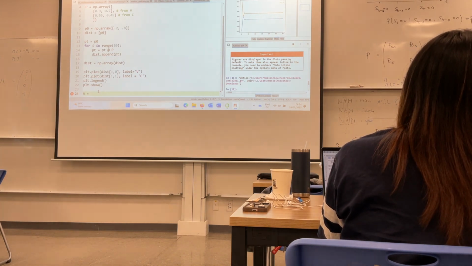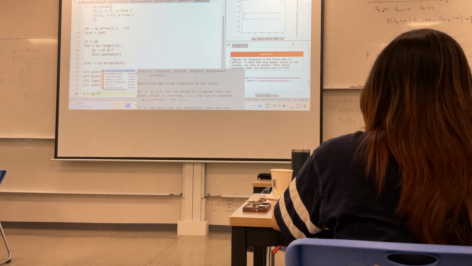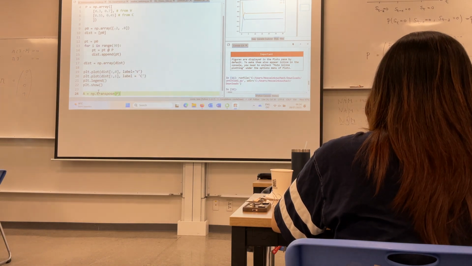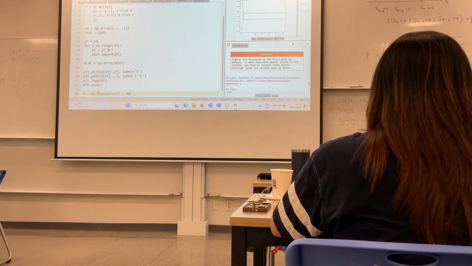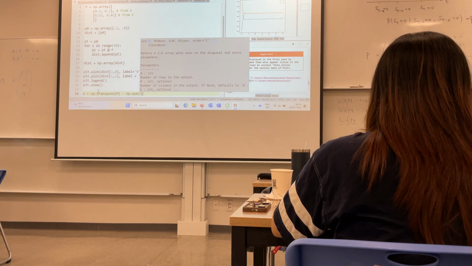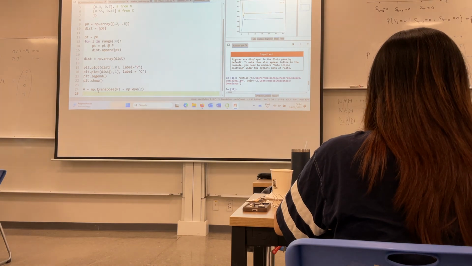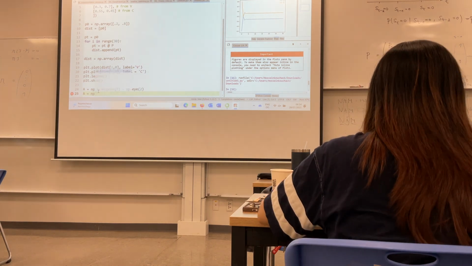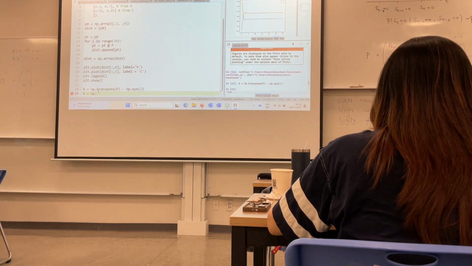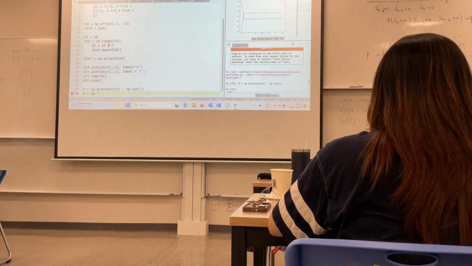So here I'm going to have np.transpose of p minus np.identity of, well, what is the dimension? 2. That is what we have. And then that's A. So now I need to add these ones below.